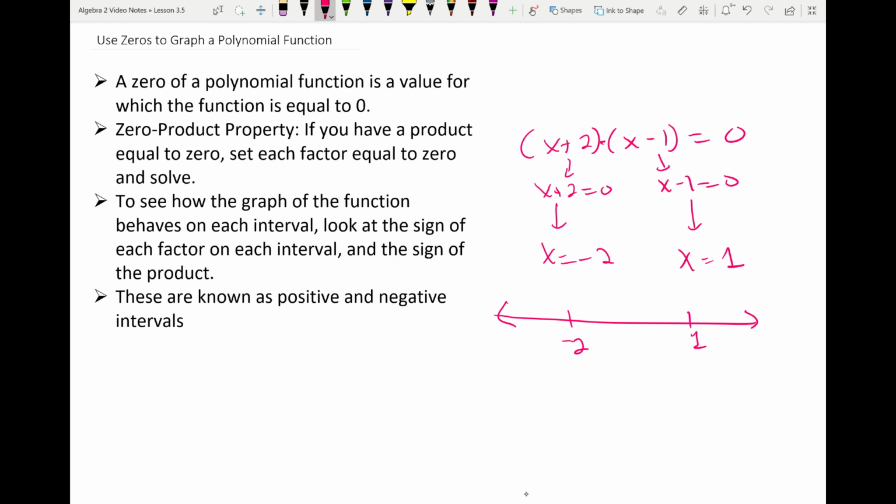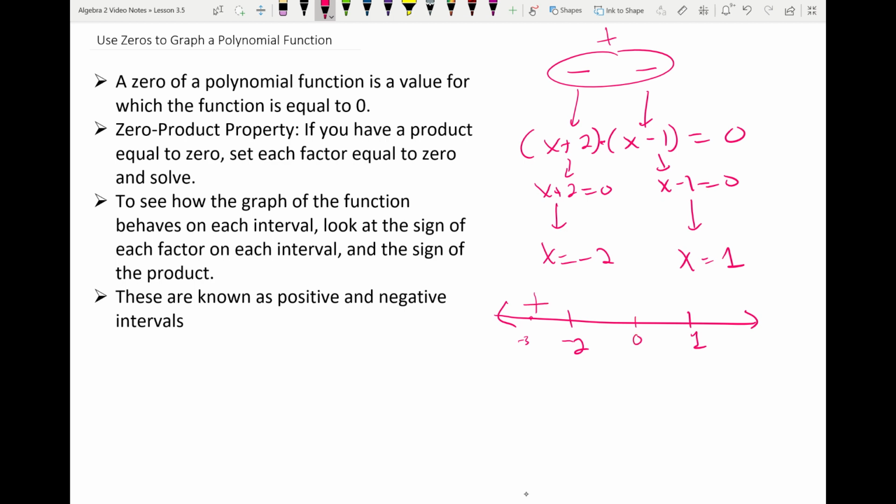If I plug in -3, then -3 plus 2 is negative, -3 minus 1 is also negative, and a negative times a negative is a positive, so this side will be positive.